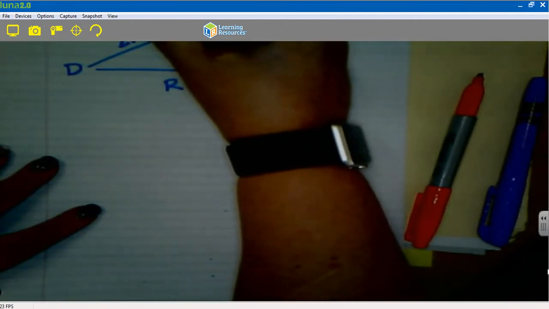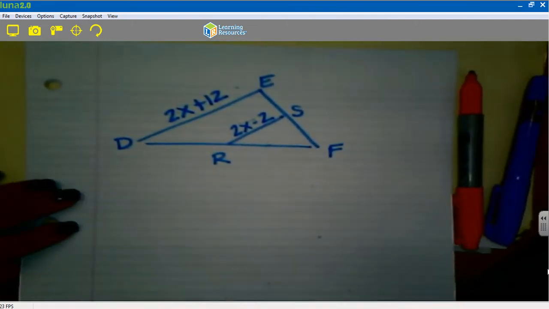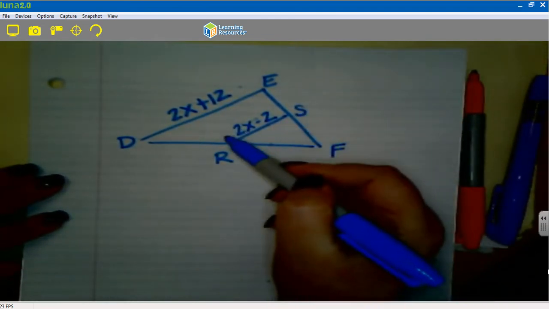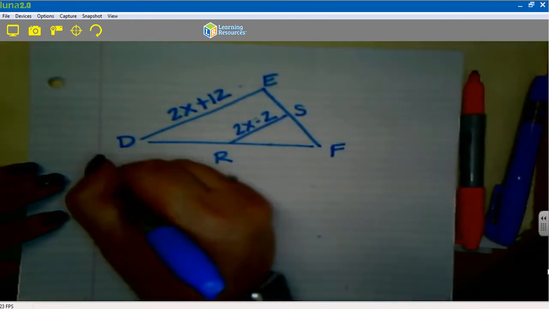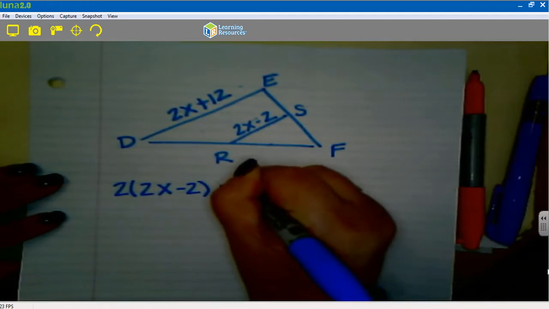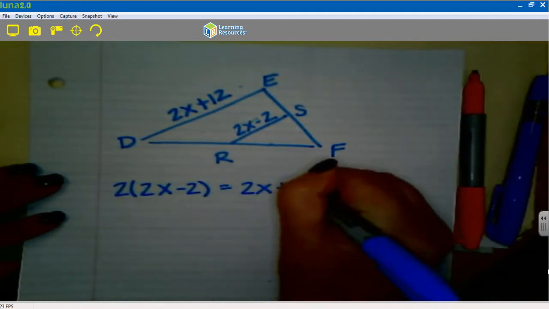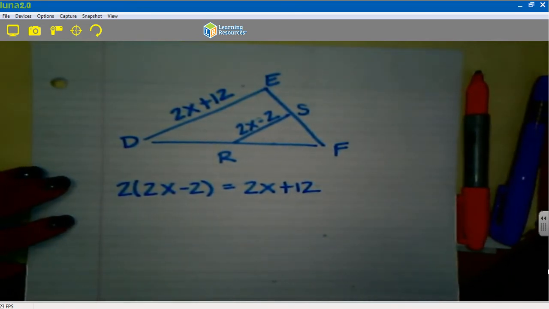RS is 2x minus 2, and we're looking for DE. So again, how do we go from a midsegment to a base? Well, we have to take twice the midsegment. So 2 times the quantity 2x minus 2 is equal to 2x plus 12.